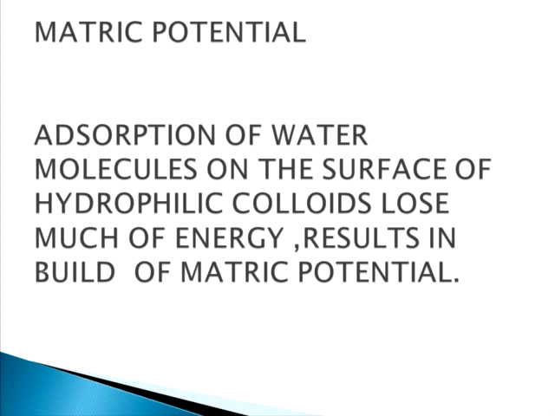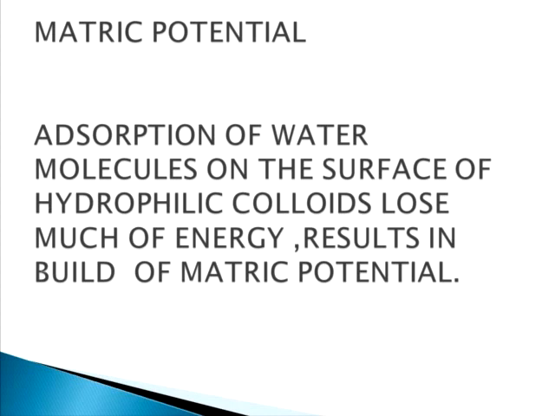Xi m also has a negative value, and the value of Xi m is so small that the contribution of matric potential is negligible in the final water potential of the plant cells and tissues.